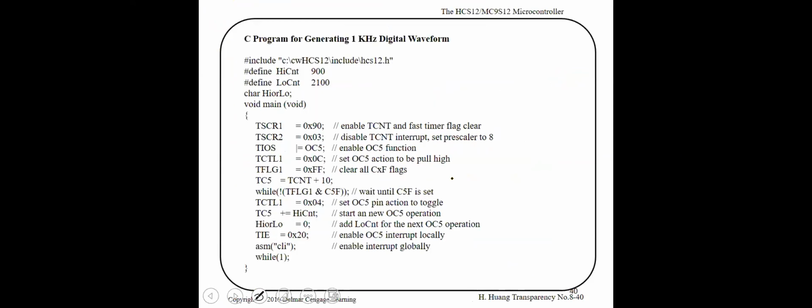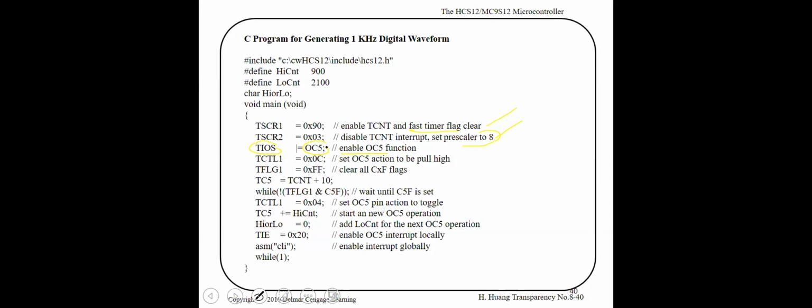In the C version, everything here is all about configuration. Enable the timer with fast timer clear, fast flag clear. Disable the interrupt of the timer system and set the prescaler to 8. Enable output compare 5, and this is done by writing to the TIOS register this mask, which is OC5.